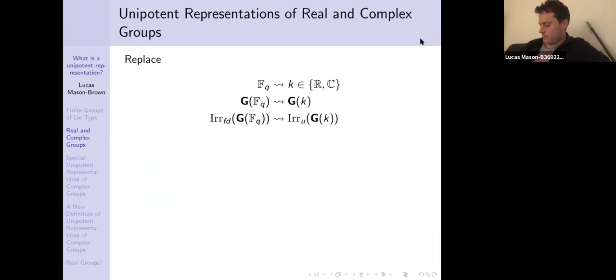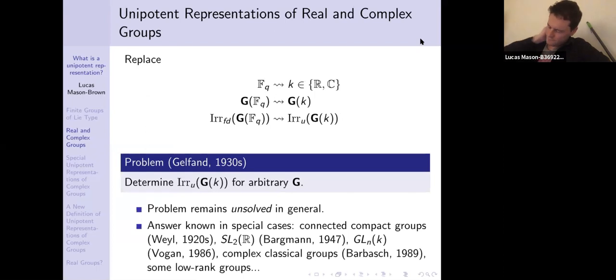So let's replace F_q with a field, either R or C, and let's replace G(F_q) with the K points of G. And instead of considering finite dimensional representations of G(F_q), we're going to consider unitary representations of G(K). And as I said, in this world, the analogous problem is unsolved.